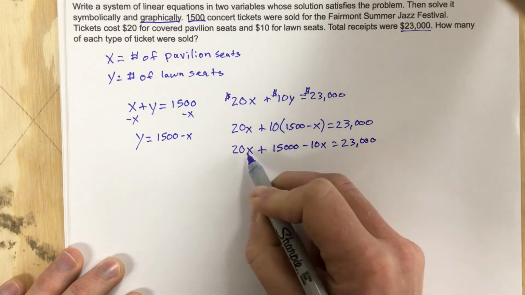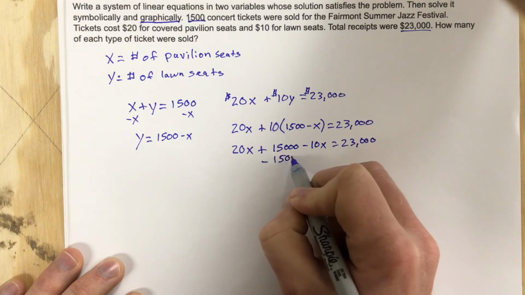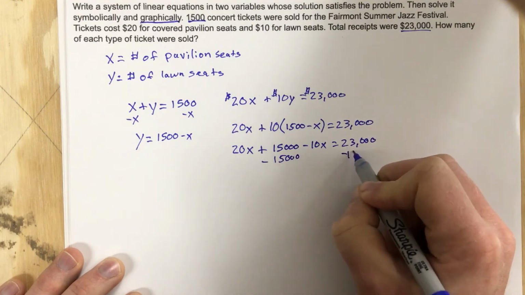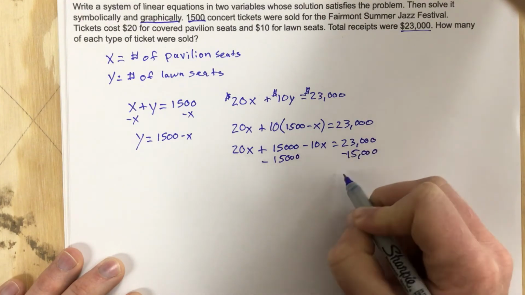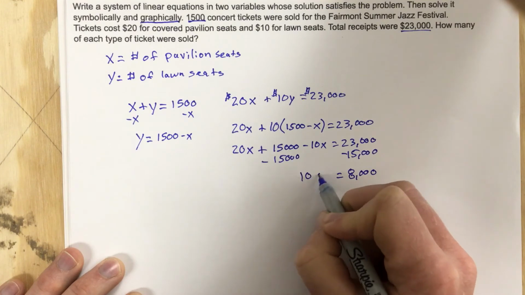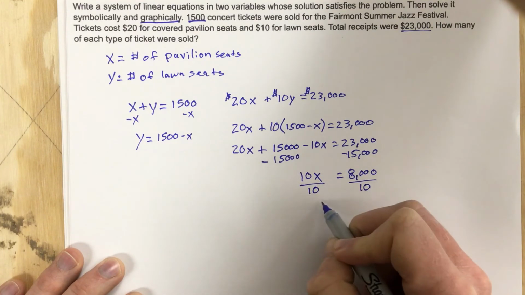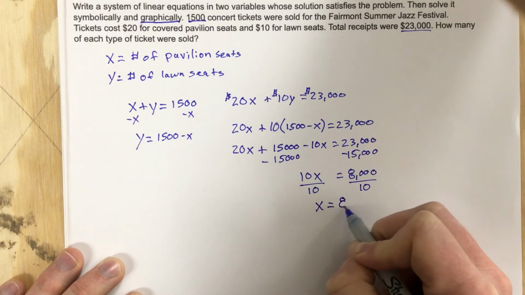I can combine the 20X and the negative 10X. At the same time, I'll subtract the 15,000 over. That leaves you with 8,000 on the right side. And on the left side, you get 10X. Divide by 10. That tells you that X equals 800.